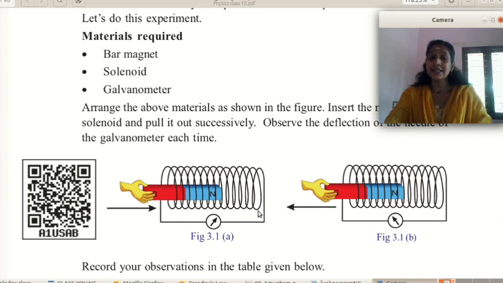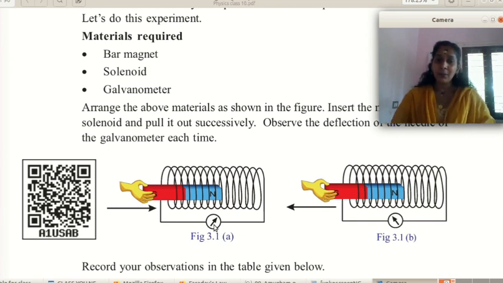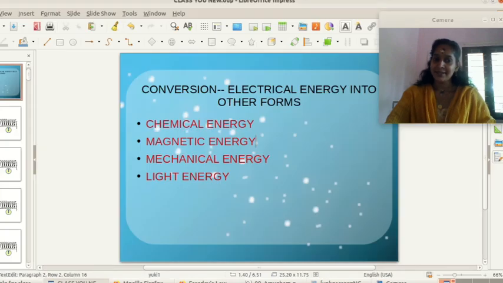When inserting this magnet into the solenoid, this galvanometer moves. We are going to watch this experiment.